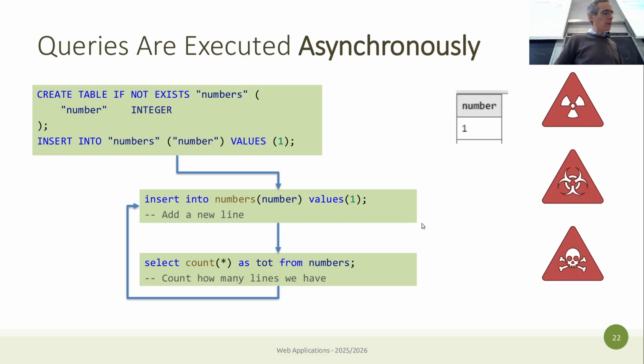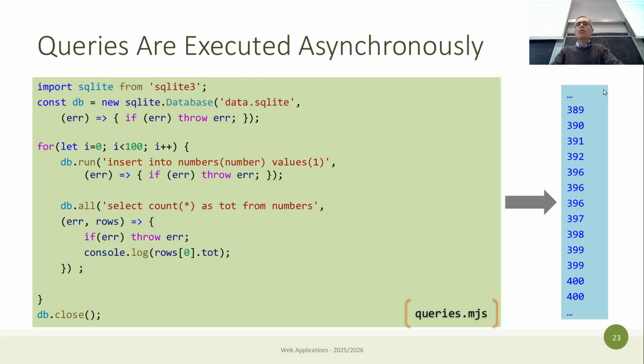So in short, let's say we have to do a lot of operations on the database. Think about this example in which we are just inserting a single value into a column called number in a table, and then we want to know how many rows are present there. And we want to cycle and do it many times, just as a simple example. How can we ensure that things happen in the order that we would like?